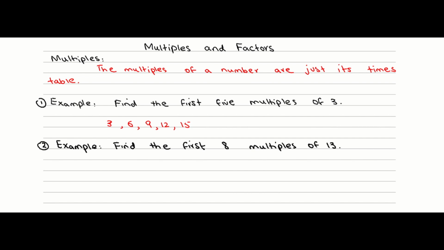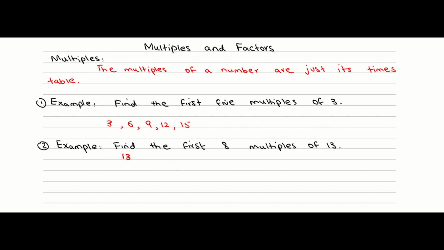Again we need to do the same thing. We will find the first 8 numbers in the table of 13. So in the table of 13, our first multiple is 13, which is 13 times 1.